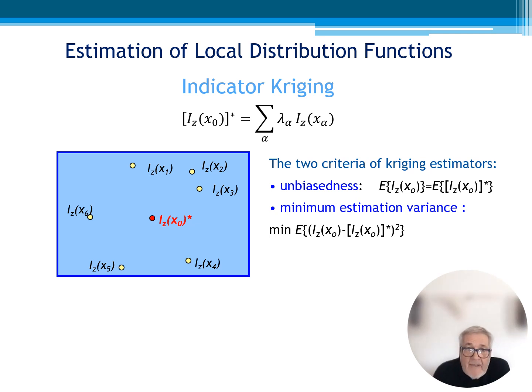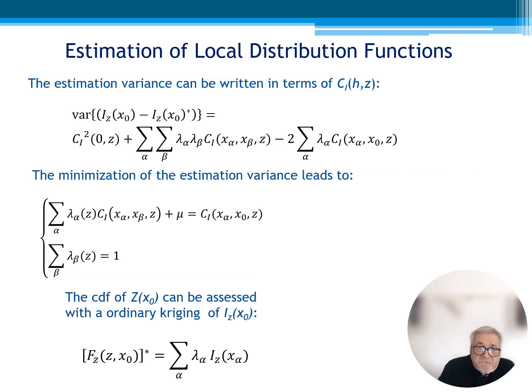We can apply the two basic criteria of kriging estimators, unbiasedness and minimum estimation variance, to calculate this linear combination of surrounding samples I of z of x alpha. So it's a classical procedure.